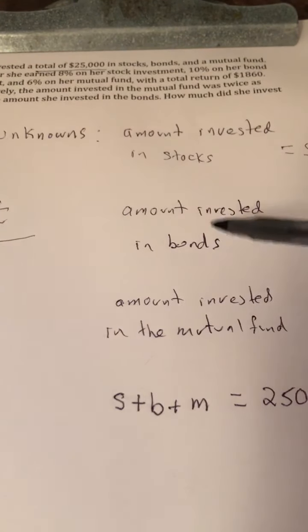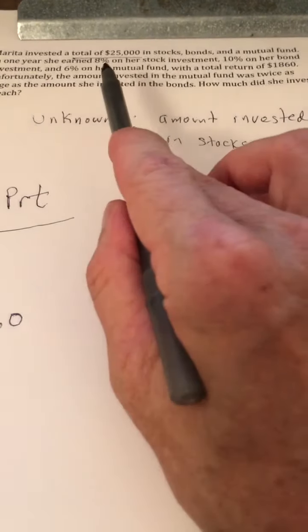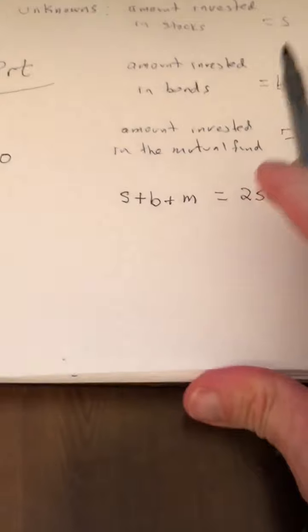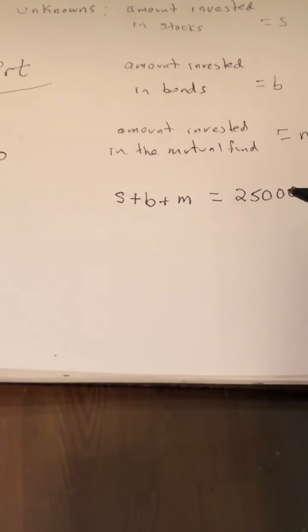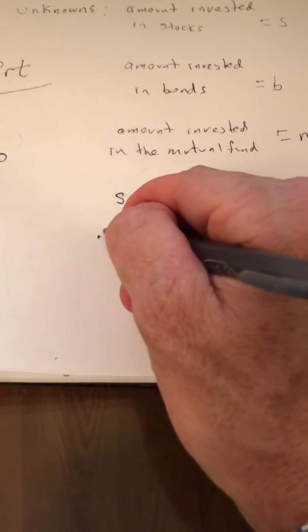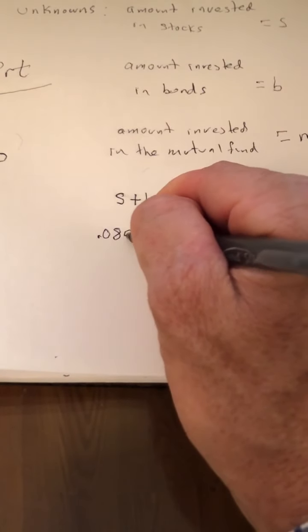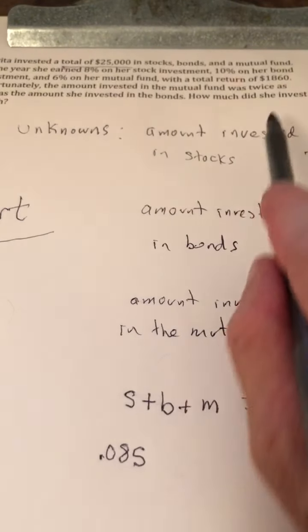So, for the stocks, what was the rate of return? 8%. So how do we write 8% as a decimal? Well, it's 0.08 S. How much did we earn on the bond investment? 10%.